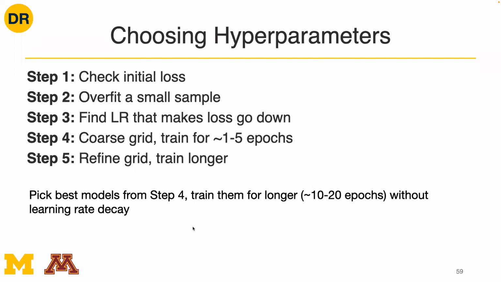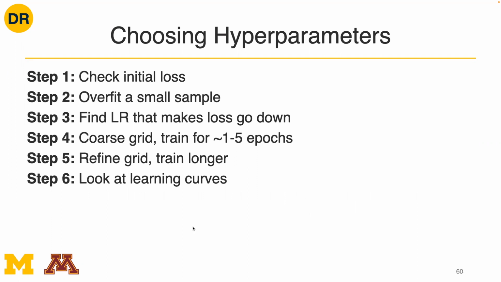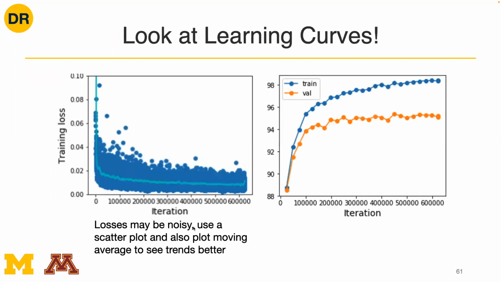And then at that point, you can actually maybe spend a few hours of training. Then you can start to refine your grid, so you can iteratively focus in your grid search on the regions of hyperparameter space that seem to be important, because again, we can't afford, in reality, an exhaustive grid search.